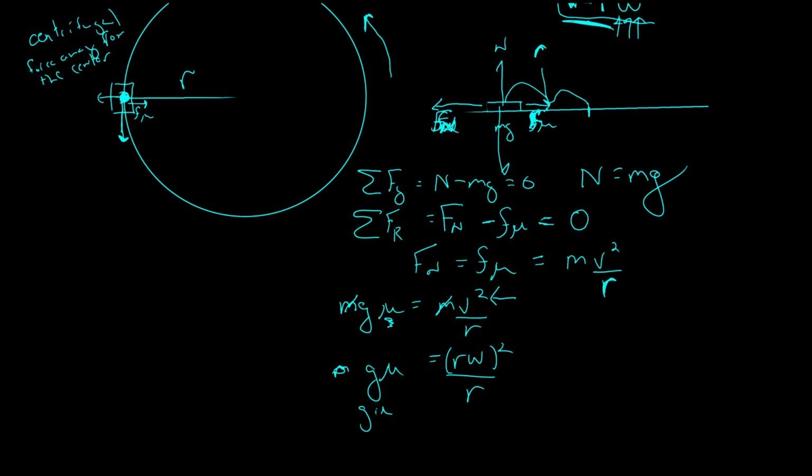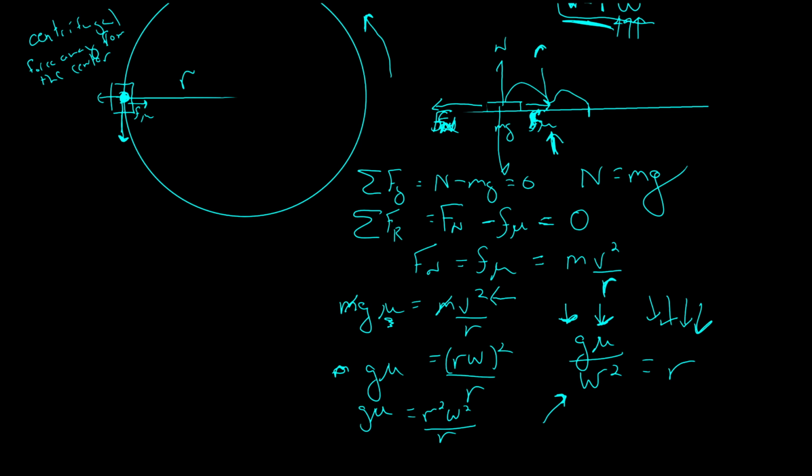So g mu equals r squared omega squared over r, or g mu over omega squared equals r. And so we can find the radius to set an object if we know the coefficient of friction, given its rotational velocity, the coefficient of friction, and the gravitational system it's in.